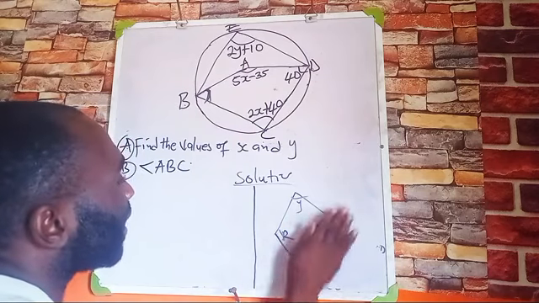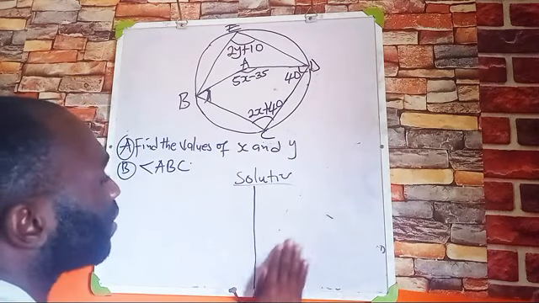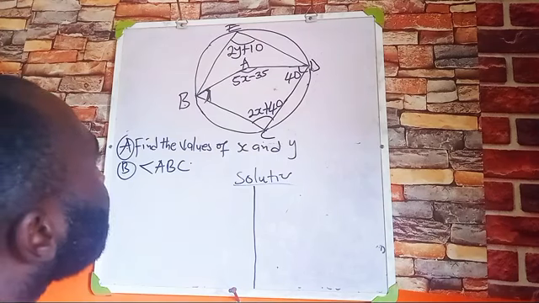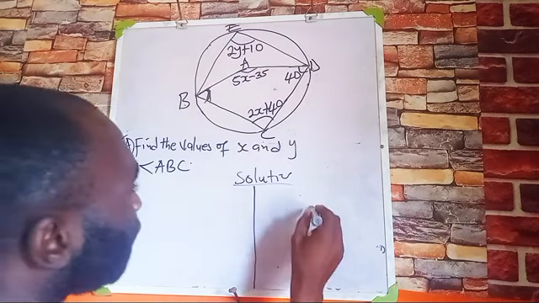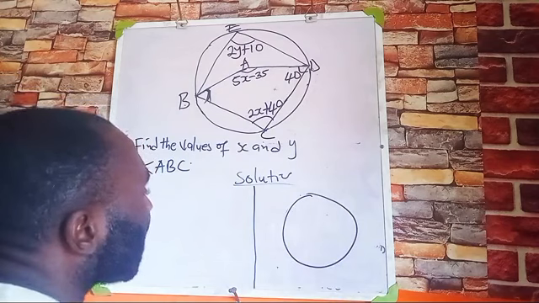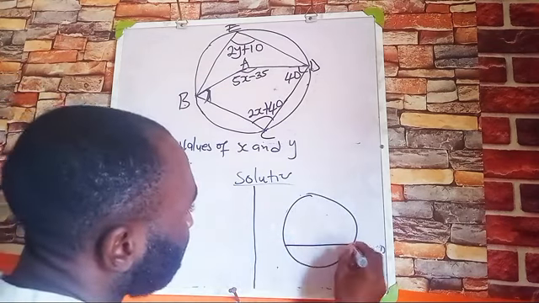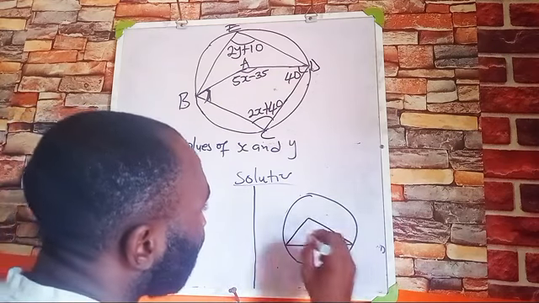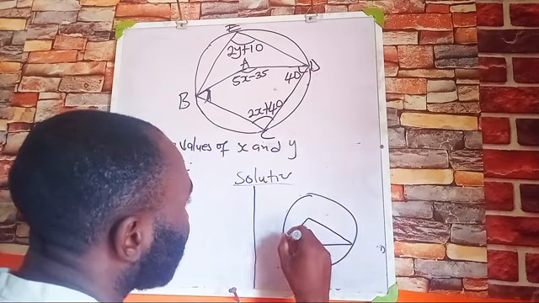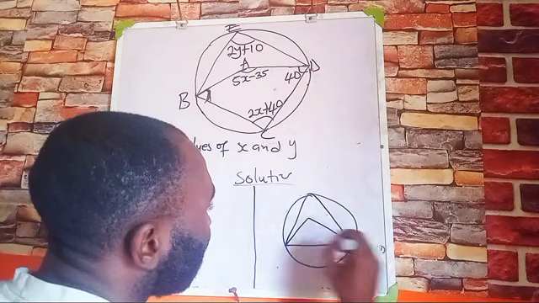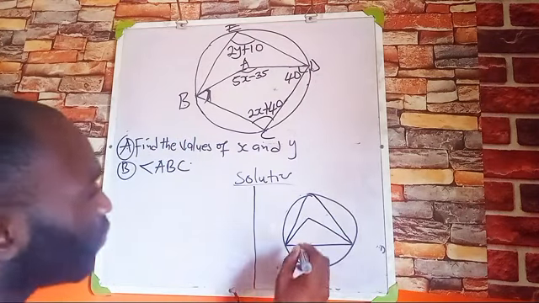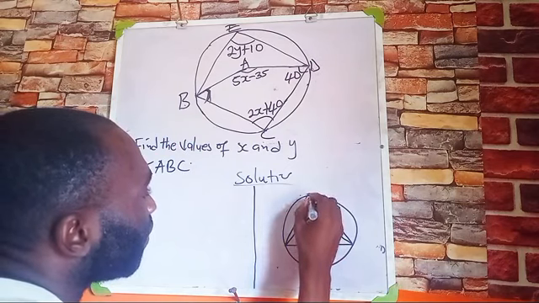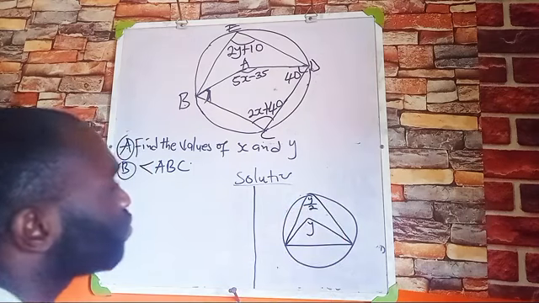So we are going to apply the same principle in solving this question. And we also know that when you have a chord, and that chord makes an angle at the center and another angle at the circumference, then assuming the angle at the center is y, the angle at the circumference will be y over 2.